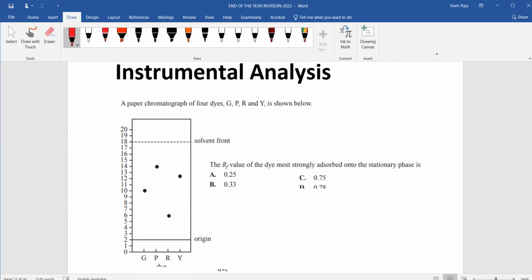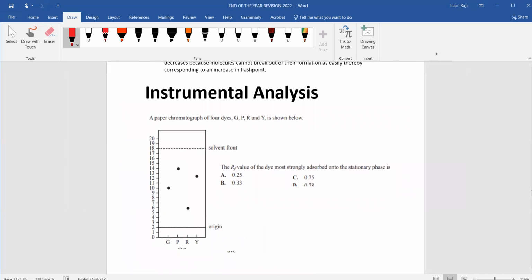I'll start with chromatography. Paper or thin layer chromatography, similar principle. I'm not going into much detail. The Rf factor is most commonly asked in thin layer chromatography or paper chromatography. What is that? It is the distance covered by the compound.